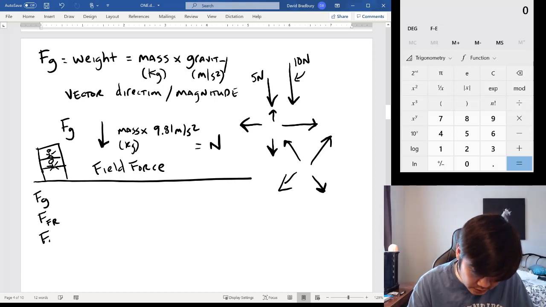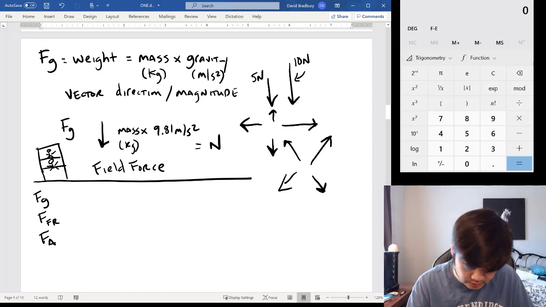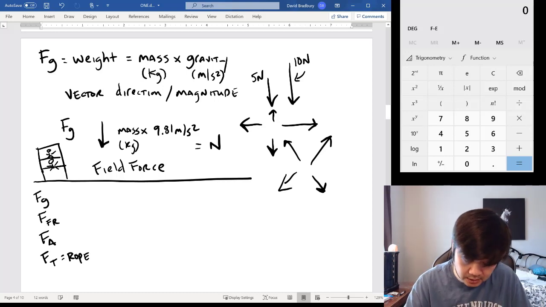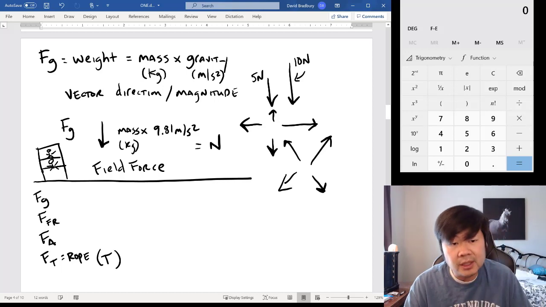Applied force covers a push, a pull, anything where an engine, anything could be under this applied force. What's another type of force? Force tension is also very common. Force tension is when there's a rope or a string along that force. Okay. Tension can also sometimes be abbreviated by T, just like force gravity was weight.